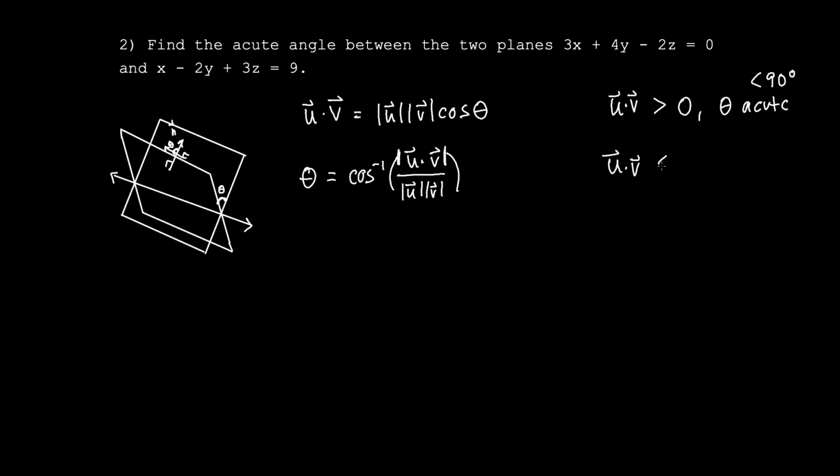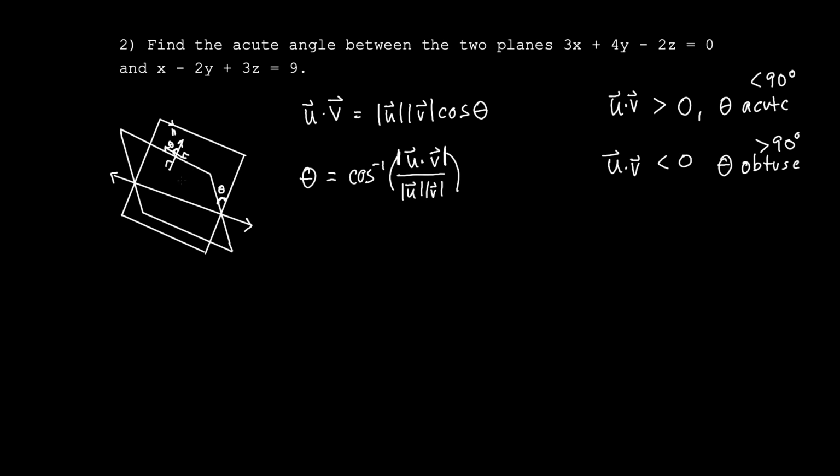If the dot product is less than 0, that means it should be negative, then the angle between the two vectors is actually obtuse, or greater than 90 degrees. So when we're finding the acute angle between the two planes, we want to make sure the dot product is positive, so that we don't accidentally find this angle right here.